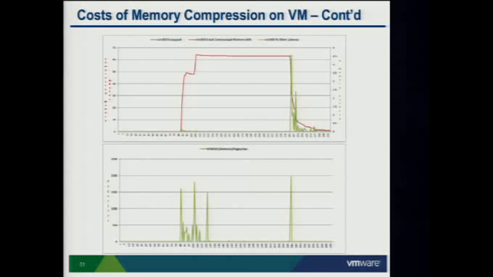I don't know if you know that the Windows performance stats can actually include the VM's memory stats, if you have VMware Tools installed. I don't know how many people know that.